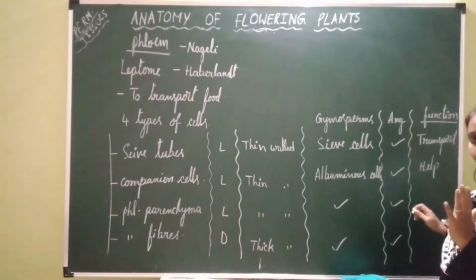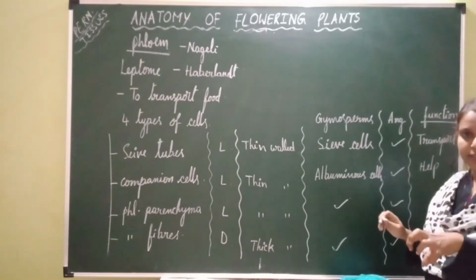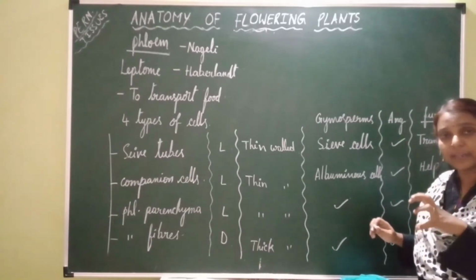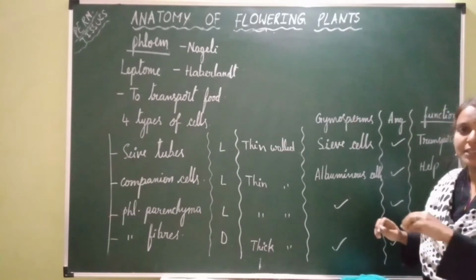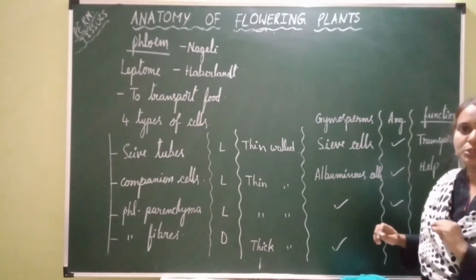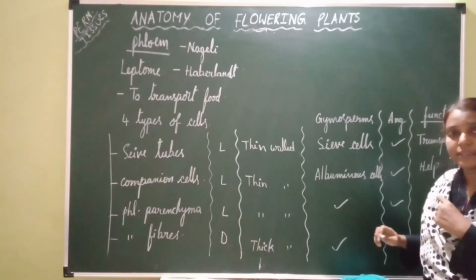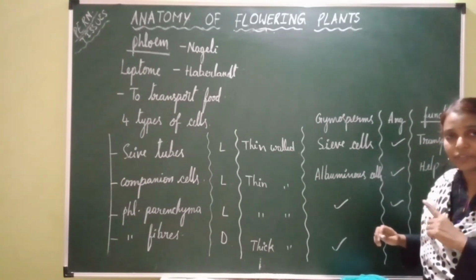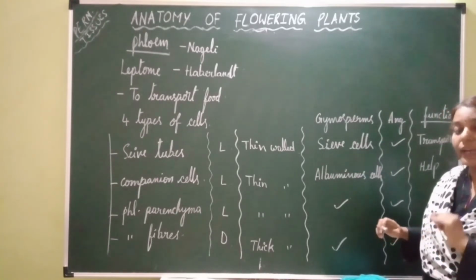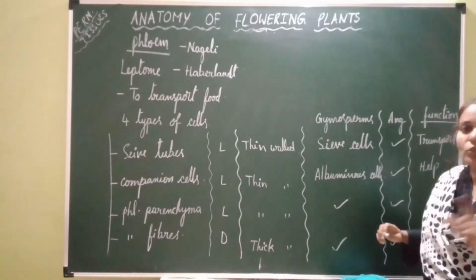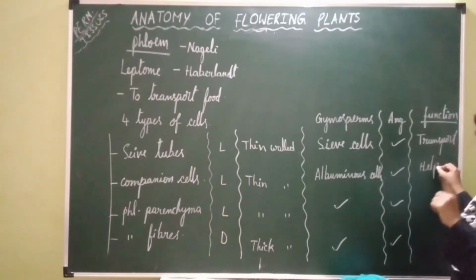Sieve tubes lack a nucleus. All the activities of a cell are controlled by the brain of the cell, that is the nucleus. In sieve tubes the nucleus is absent, so the transport of food taking place inside the sieve tube is controlled and regulated by the nucleus of the companion cell. Hence, companion cells are called helper cells.